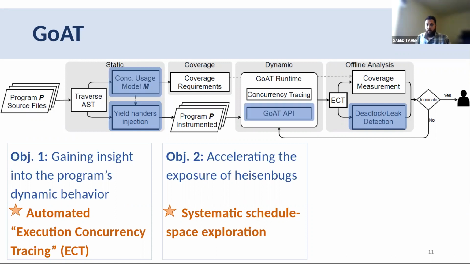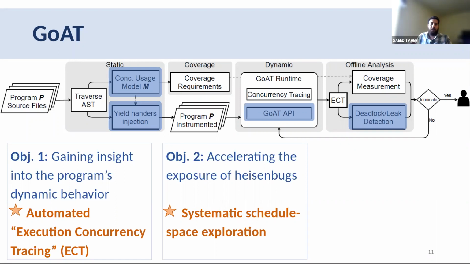Delaying concurrent components to expose bugs has been well studied before. However, in the context of modern languages such as Go, it has not been tested and implemented. So what is novel in GoAT is the implementation of the idea in the context of Go. We statically obtain the concurrency usage model M, which is a table of concurrency usage source locations.